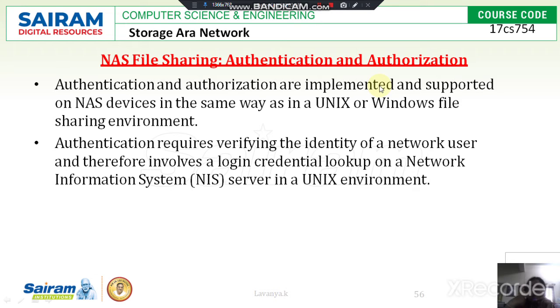The discretionary access control list determines only the access control, and the system access control list determines what type of auditing we have to do once they access the data inside the cloud.